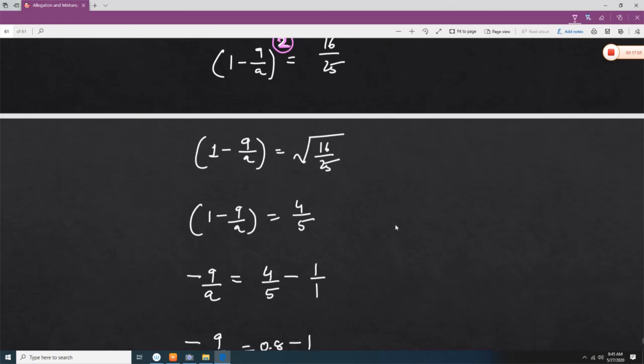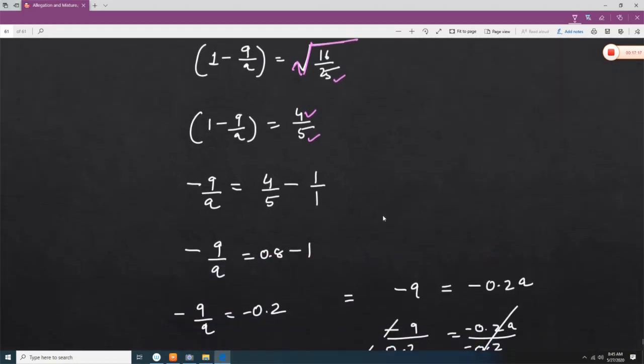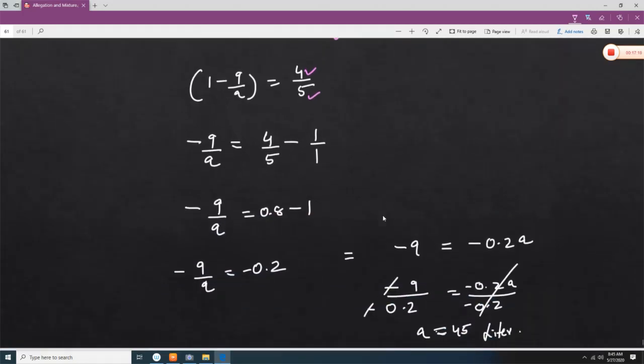So the square root of 16/25. Now we know the square root of 16 is 4 and the square root of 25 is 5. So 1 minus 9/A. When we simplify this, it is going to be A equal to 45 liters.